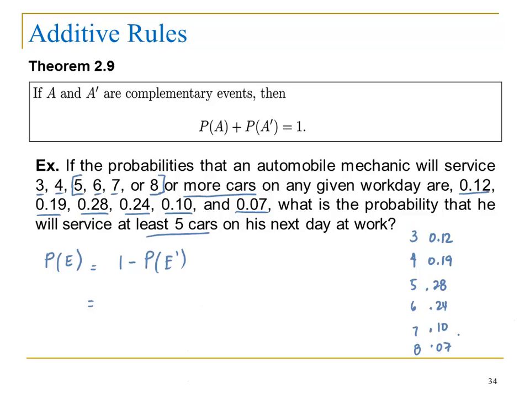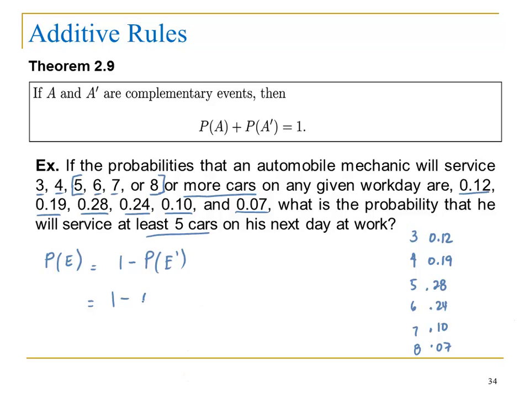So there are 2 ways that you can find this probability. You can just add these 4 numbers, 0.28, 0.24, 0.10, and 0.07. That will give you the answer. Or if you understand the concept, you can just subtract from 1 these two numbers.